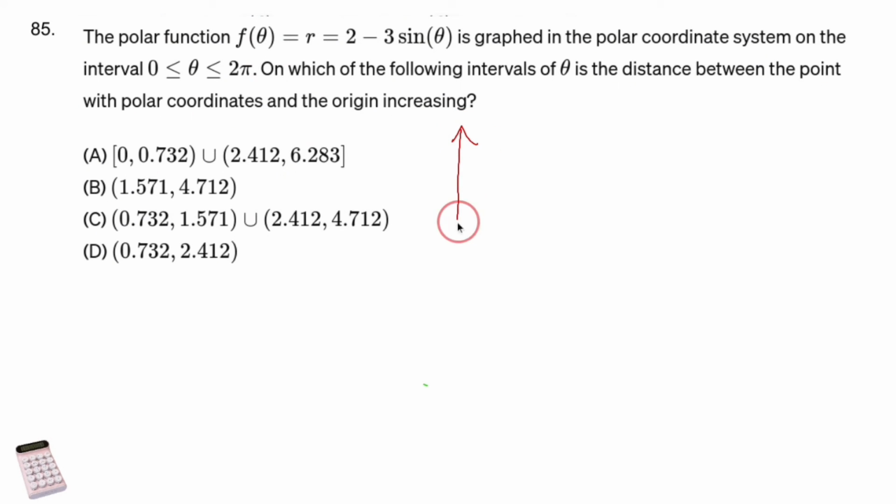If you were given a polar graph, right, and you start graphing the polar graph, and you start way out here, and as you move counterclockwise, it moves its way in, your distance is decreasing.